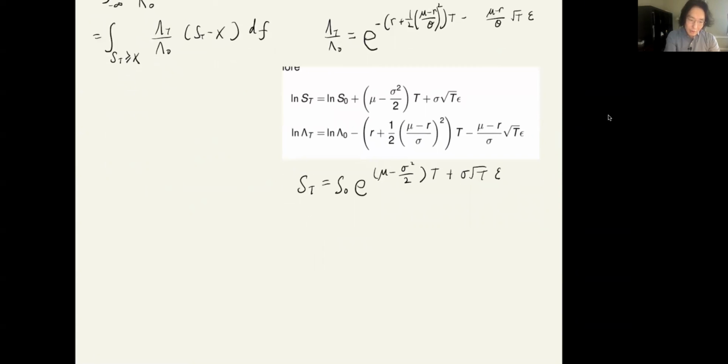Then this integral here becomes the integral of St from x to infinity.